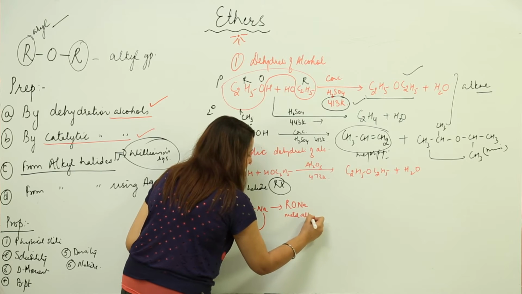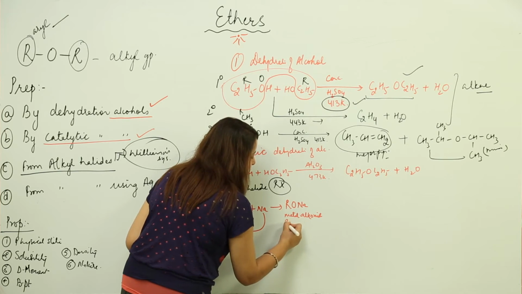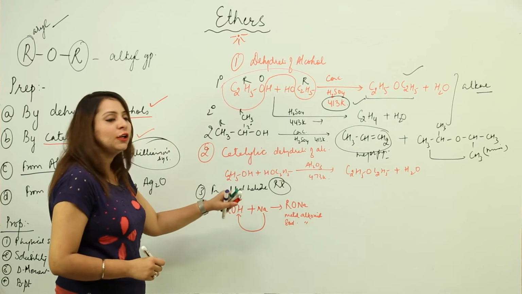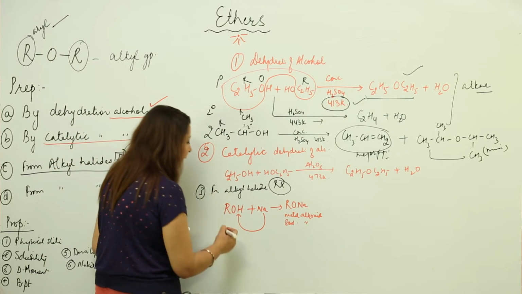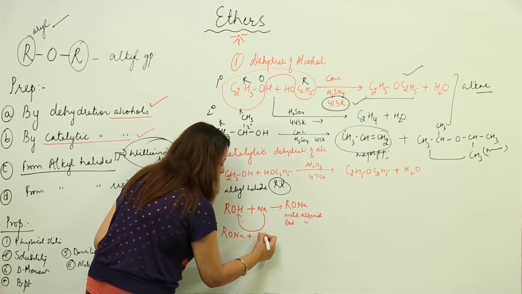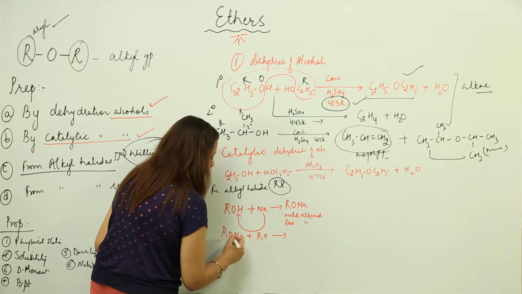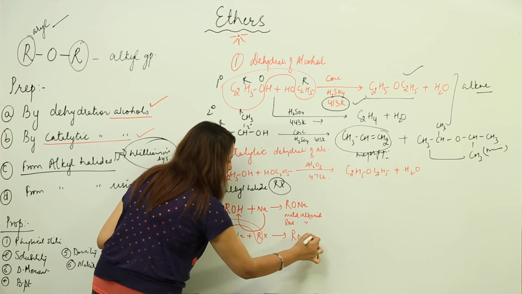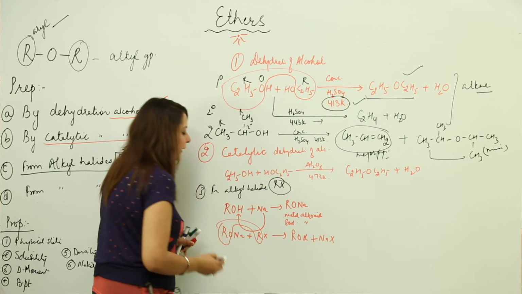Which metal? Sodium, so it is sodium alkoxide. Now this sodium alkoxide is going to react with the alkyl halide. It will form ROR, and along with that we will get NaX.